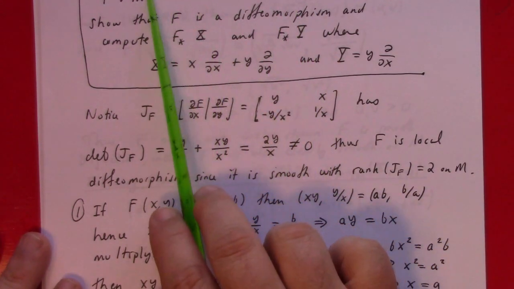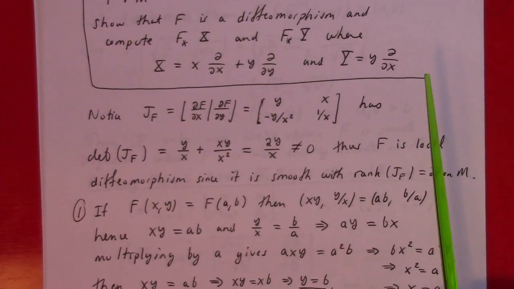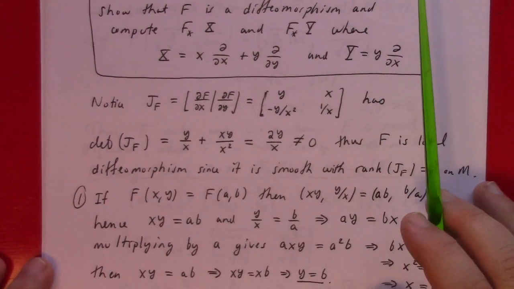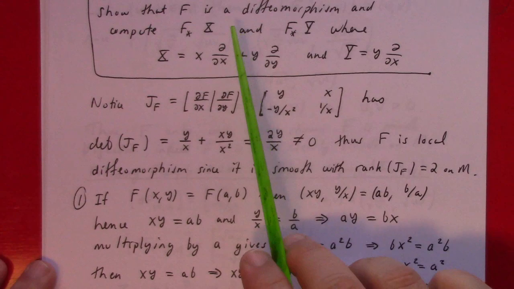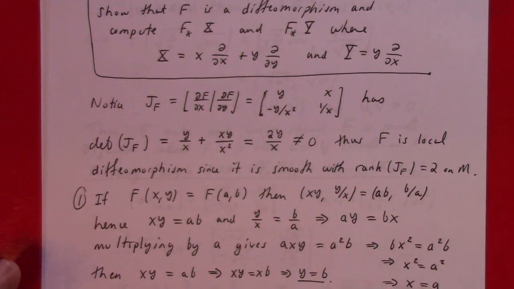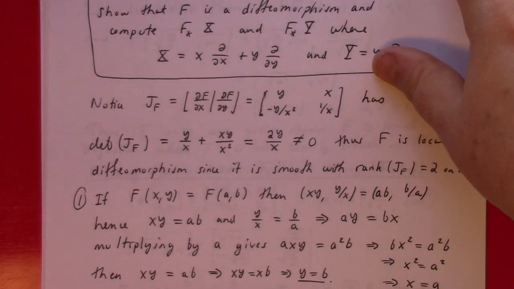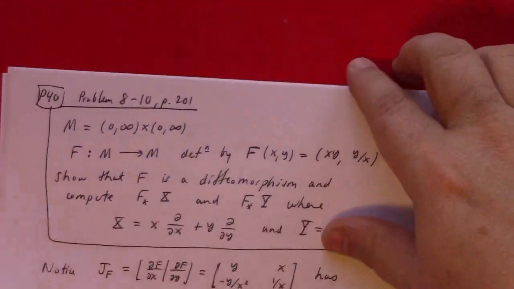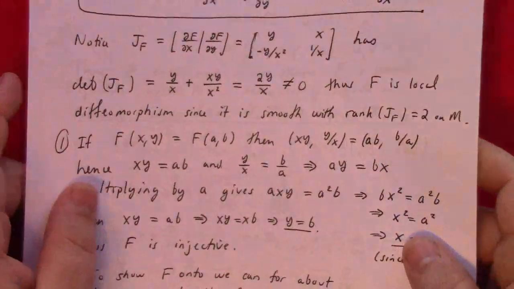This one here, we have a map M from the first quadrant, and we're just supposed to calculate the push forward under this map. This is pretty much a calculation, but since it's a diffeomorphism, we can actually use the formula in the book to do the calculation. I don't always do that, I guess.